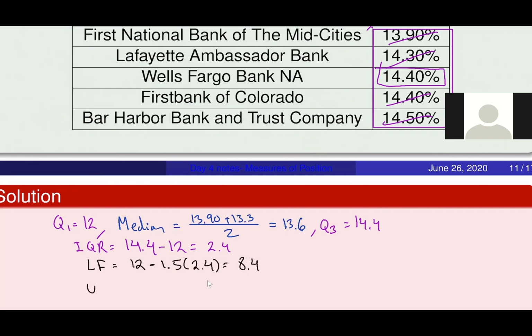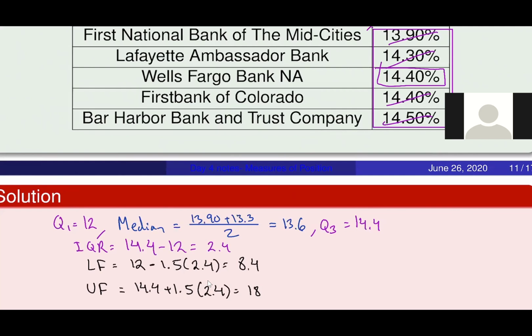So let's do the upper fence. For the upper fence, we take Q3, which is 14.4, plus 1.5 times 2.4, and you get 18.